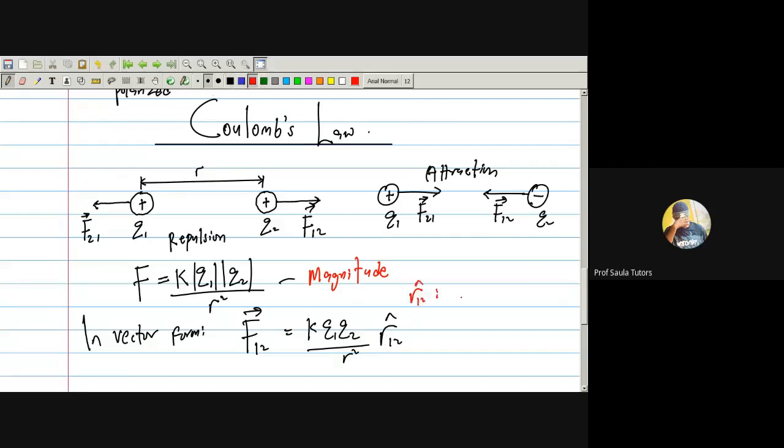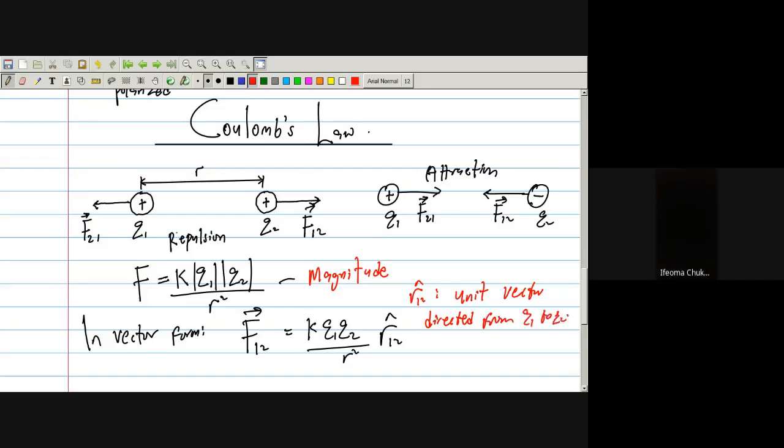It is the unit vector, directed from Q1 to Q2. I will show you in this diagram. That's R12.